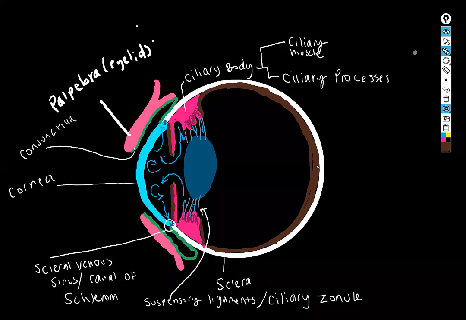So if you go and look at it under a microscope, it looks brownish black and it has a lot of veins and arteries in it. So let's draw some of those. All right, so it's heavily pigmented because we don't want stray photons to go through our retina if they're missed by the photoreceptors and then go hit something they're not supposed to.